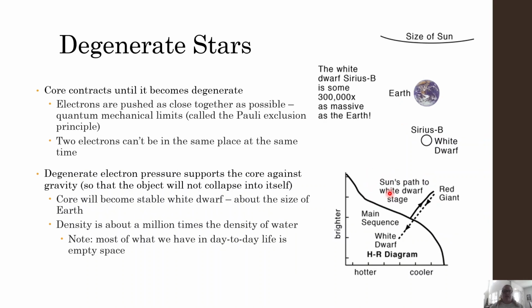So let's look at the cause of this. What happens is the core that is left behind, after the planetary nebula goes away or continues to move away, the core will contract or kind of collapse into itself until it becomes degenerate. Now, what does that degeneracy mean? This means that the electrons will push together as close as they possibly can.